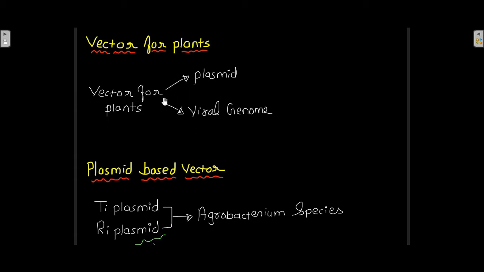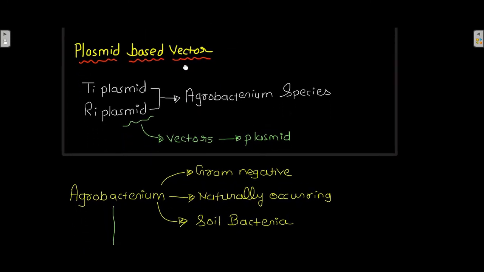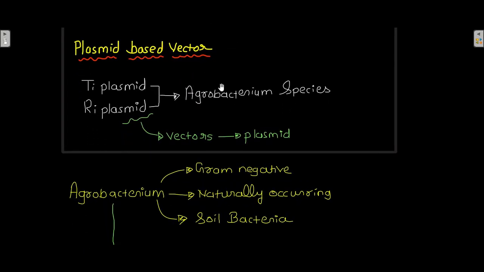Now the vector for plants can be a plasmid, or it can be a viral genome as well. Let's talk about the plasmid based vector which we use for plants. The Ti plasmid and Ri plasmid, these two plasmids are present in the Agrobacterium species and they are used as vectors for plants.